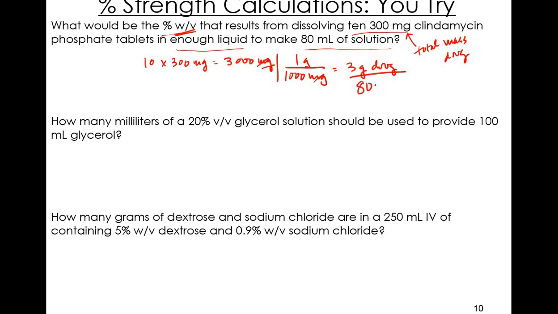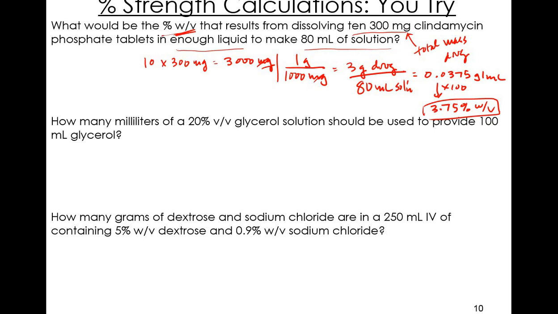We'll divide that by the total volume of solution that's made, and that's 3 grams divided by 80 mils. The decimal for that is 0.0375 grams per mil. And then we'd multiply that decimal by 100 to get the percent weight volume, so 3.75% weight on top, volume on the bottom.